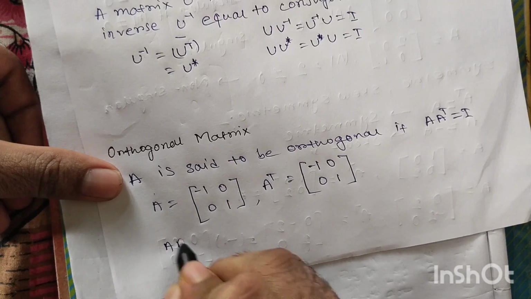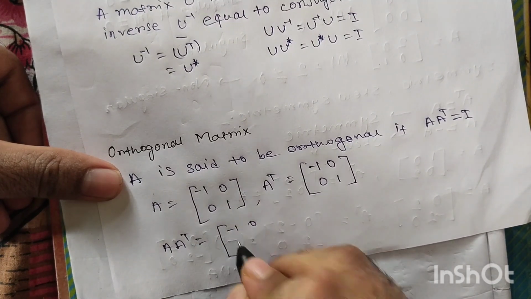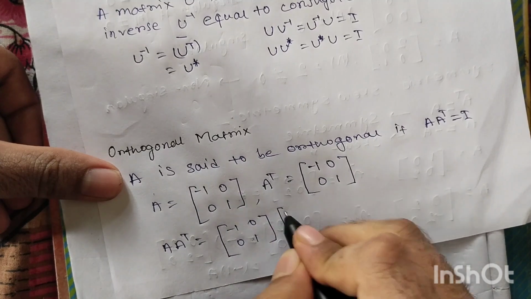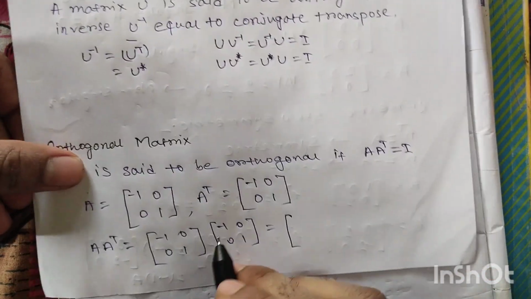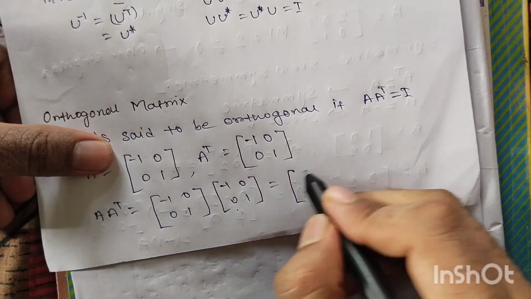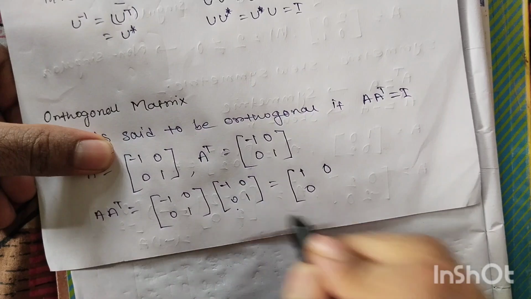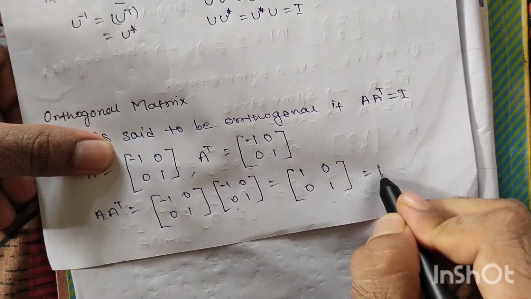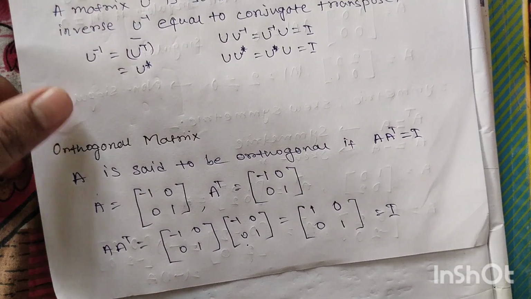Now start with A transpose. You can observe that here it is 1, here it is 0, here it is 0, here it is 1. This is identity matrix. So A matrix is orthogonal matrix.